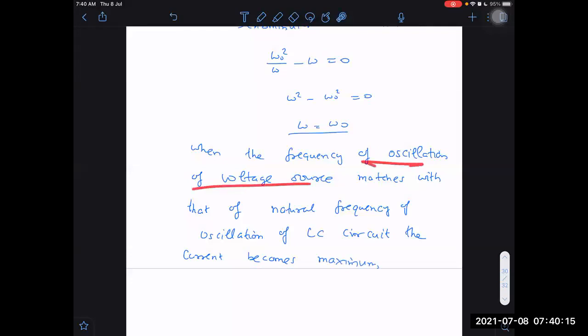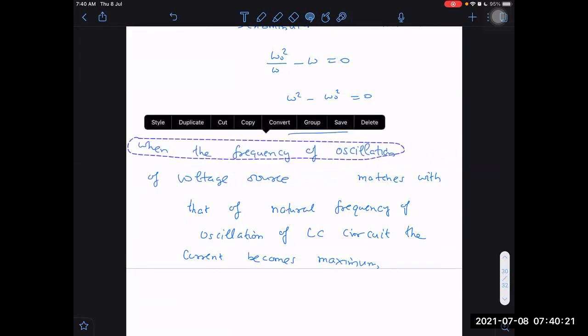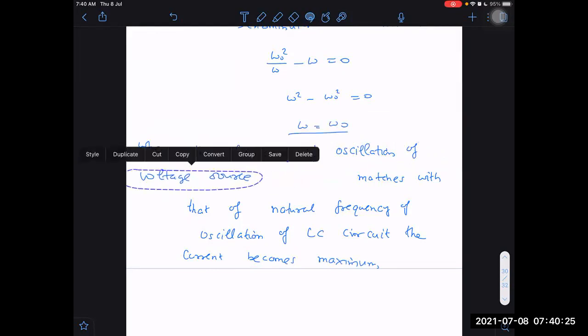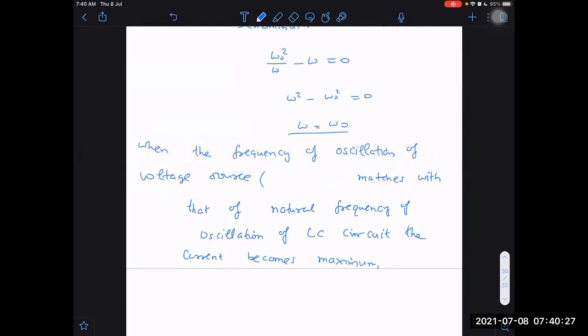This frequency of oscillation of the voltage source is also called the frequency of the AC source, alternating current source, frequency of AC power source or AC voltage supply.